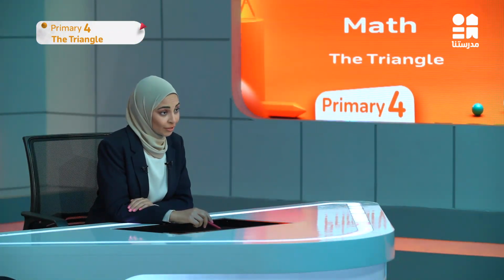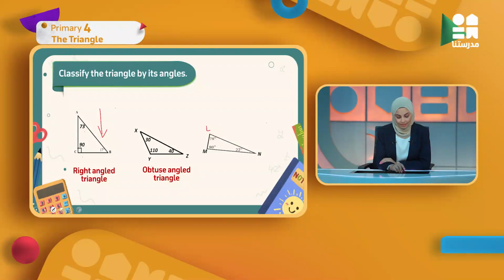What about measure of angle B? 17 degrees is also an acute angle. Why? Because it is less than 90 degrees. And what about the 90 degrees? As we all know, 90 degrees is a right angle.